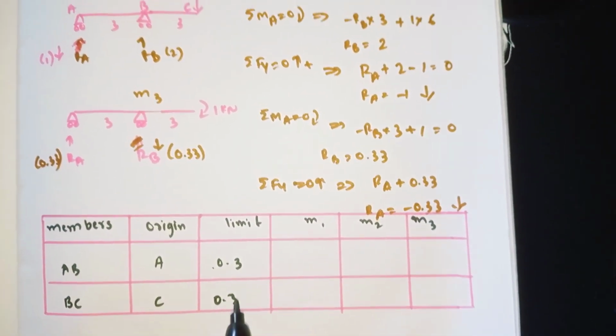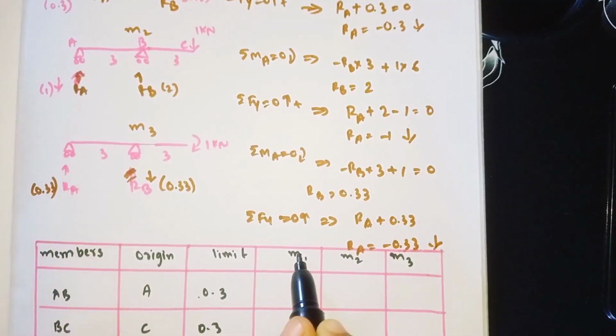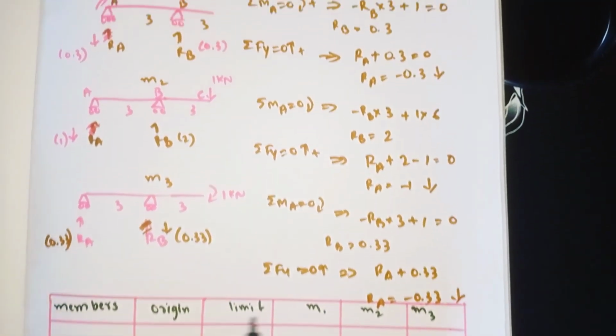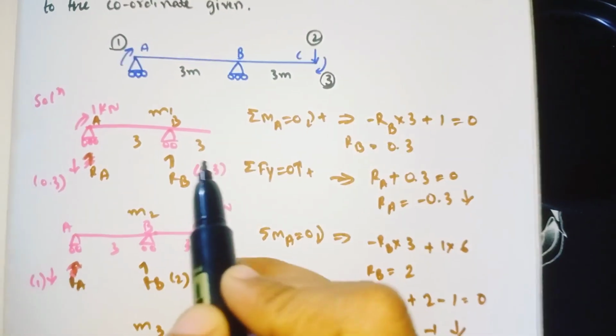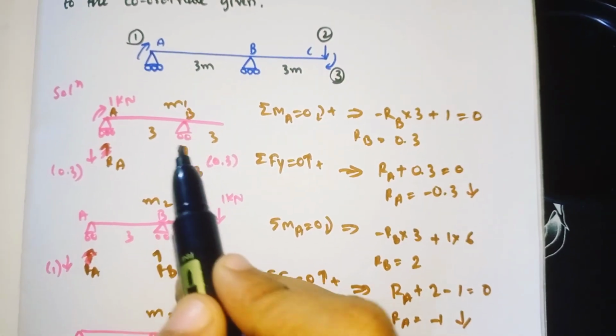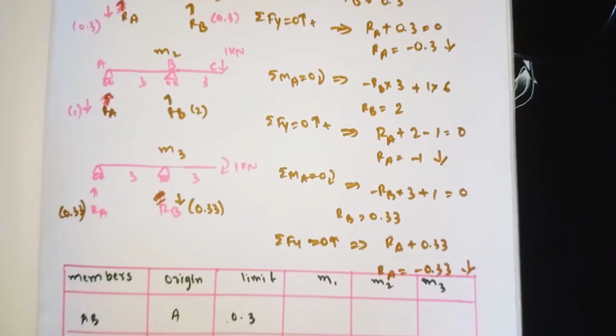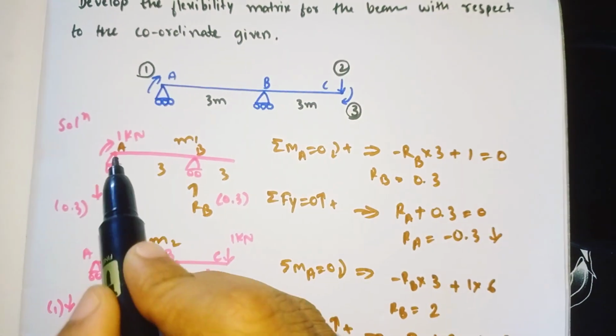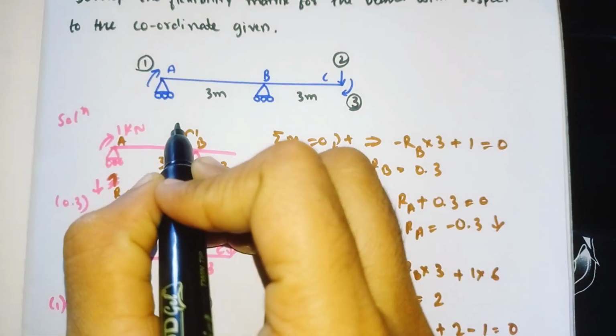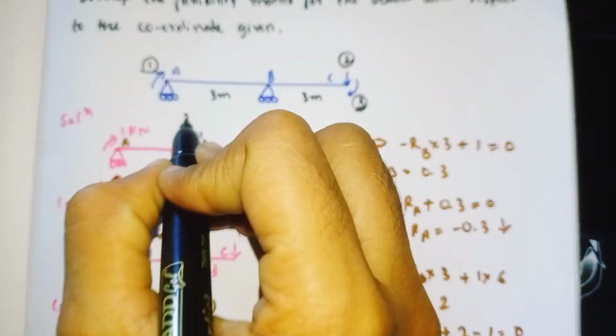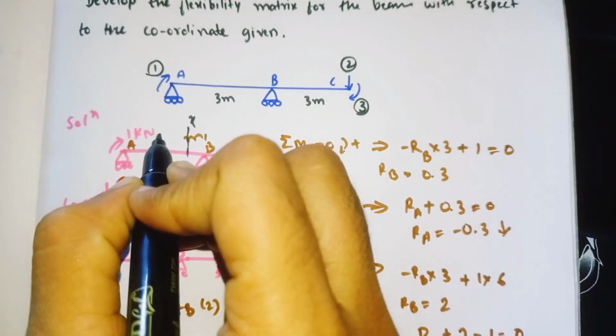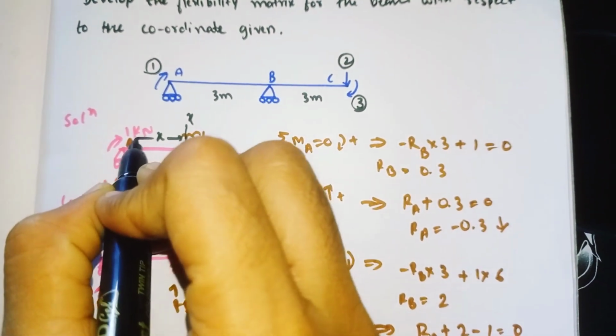Now we will see the bending moment for the corresponding diagrams. So M1: if we cut the section far away from the origin, and our origin we took as A, so if we cut the XX section far away from point A at a distance of X, it will come like this.